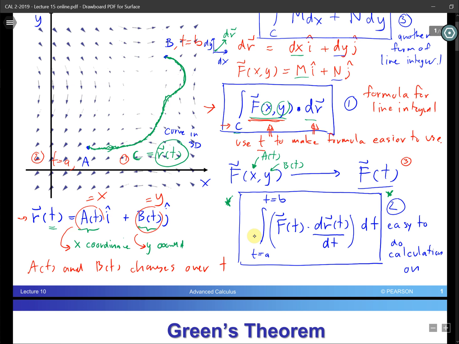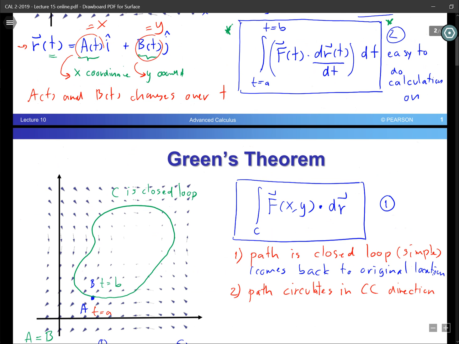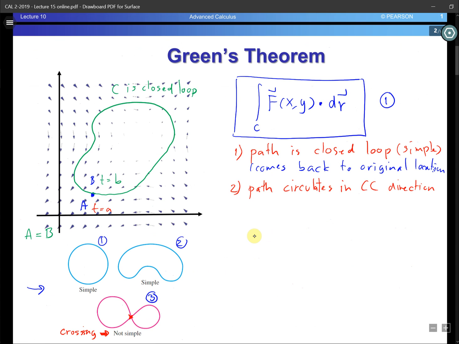We're starting from this point, and then we move along this curve according to the time and end here. So if you do the same thing, it's going to look like this. Starting from A along this curve and coming back to the original location. And you look at this and you can see that, hey, this is circulating in counterclockwise direction on the XY plane.